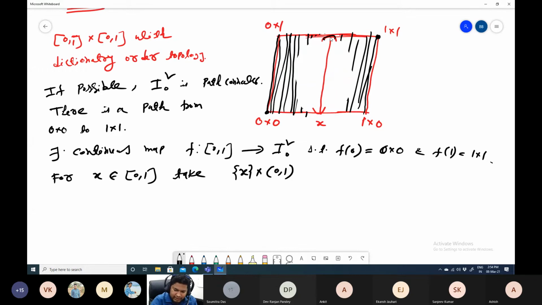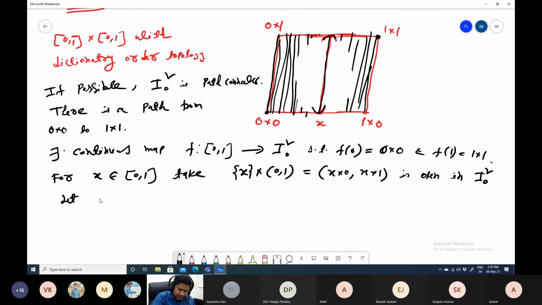That is this one, right? Which is the same as the interval from (x,0) to (x,1). Both are the same, right? Now this is open in I squared.